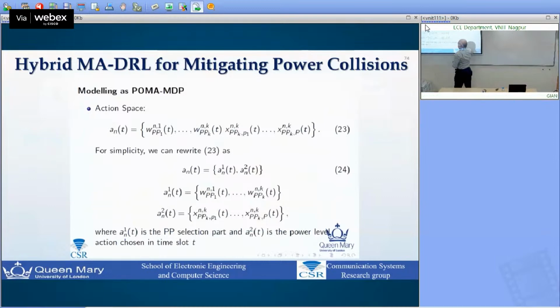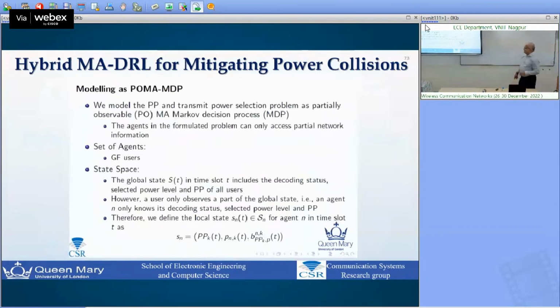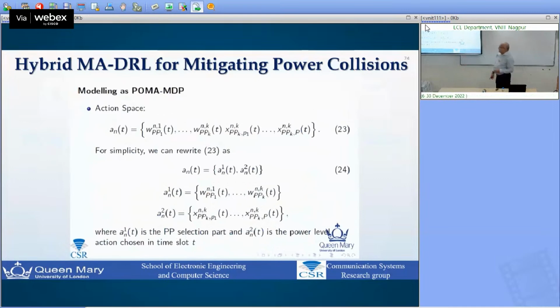Action 2 is the power level selection part. So that is going to be the action. You know what the state is: this is the state of the agent, and this is the action of the agent.